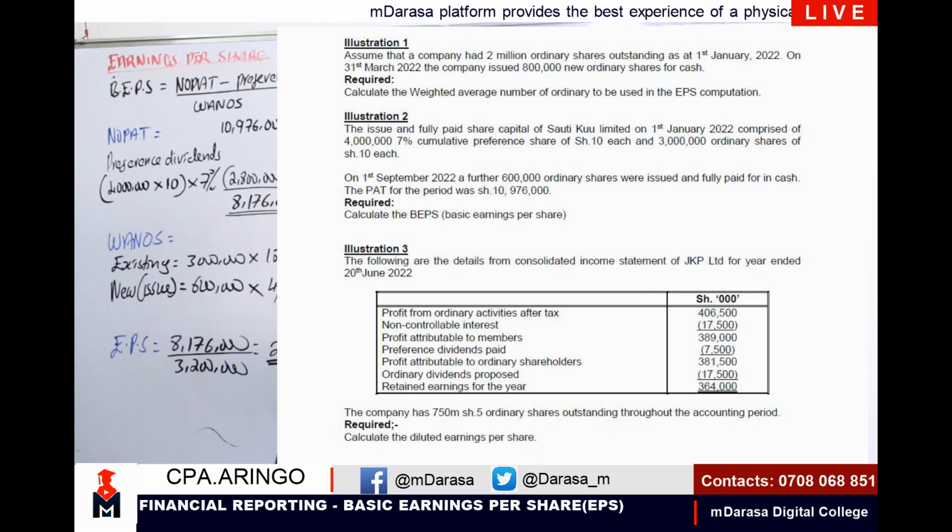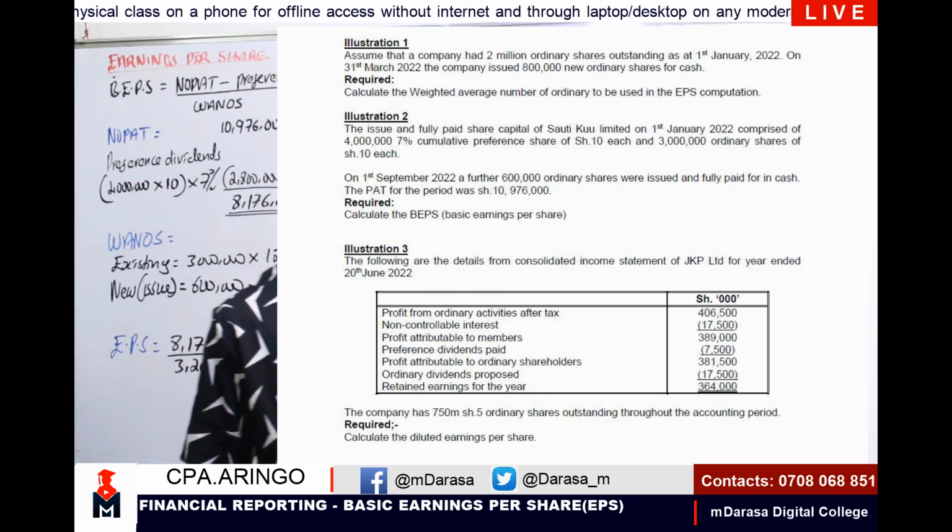Profit for ordinary activities after tax, NCI, profit attributable to members, preference dividends paid, profit attributable to ordinary shares, ordinary dividends proposed, and retained earnings for the year. You're told that the company has 750 million ordinary shares outstanding throughout the accounting period. Required: calculate the diluted earnings per share.